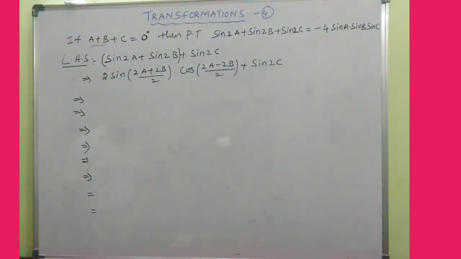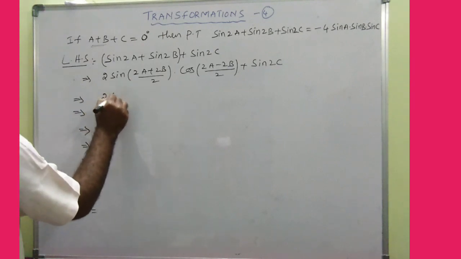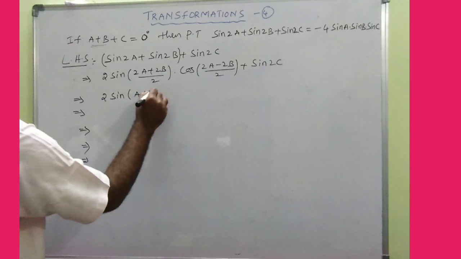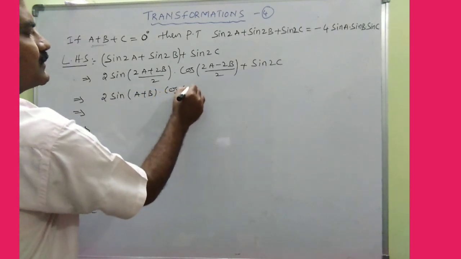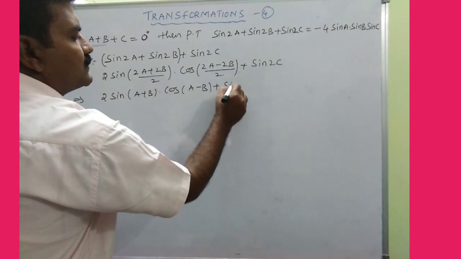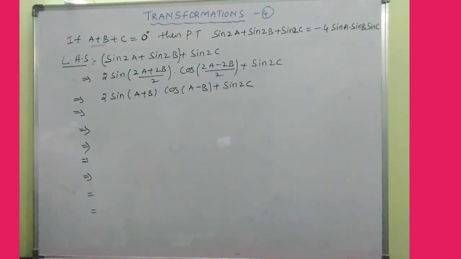Okay. So how can we write furtherly? Take 2 common, then which is a plus b, and here cos of a minus b plus sine 2c.